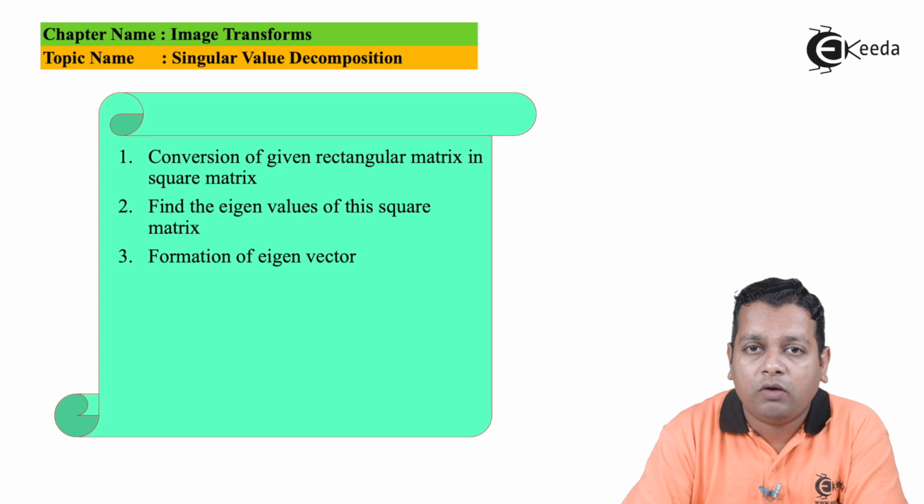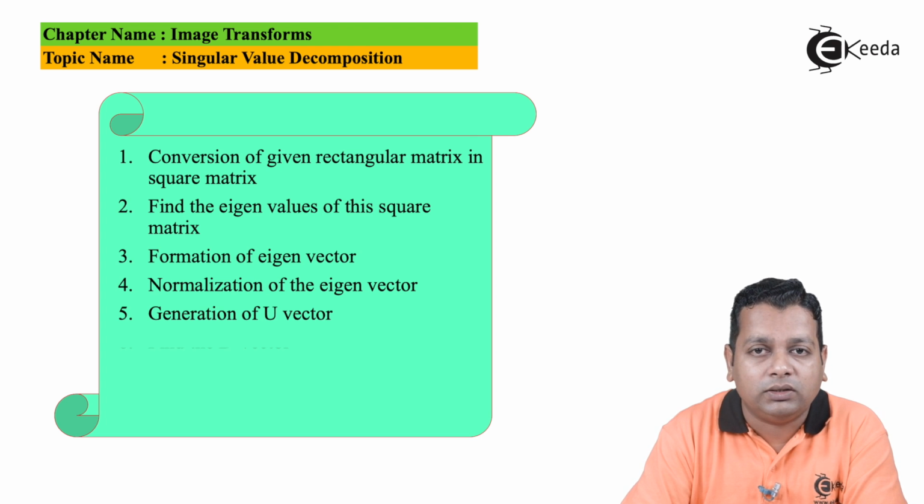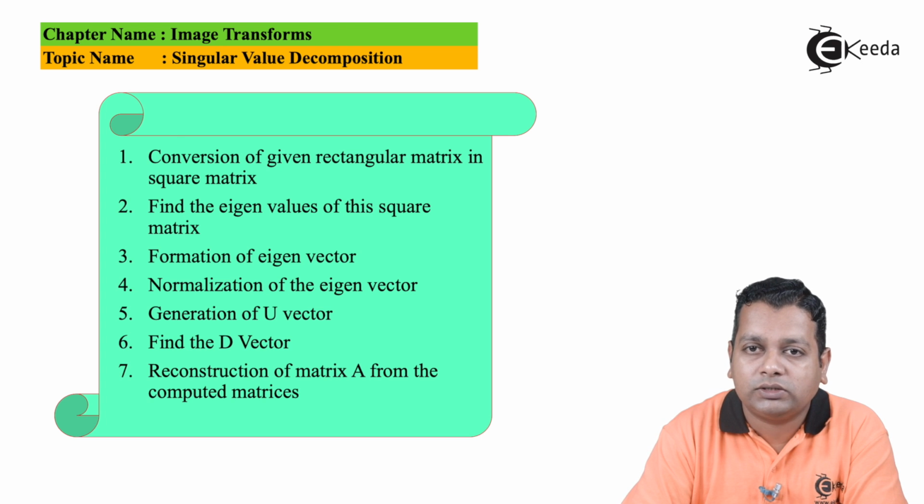Then comes the formation of eigenvectors from the previous step, and then normalization of these eigenvectors. It is followed by generation of the u vector, the v vector, and determining the d vector that holds the singular values. Lastly, reconstruction of the matrix A from the computed u, v and d vectors is also possible.